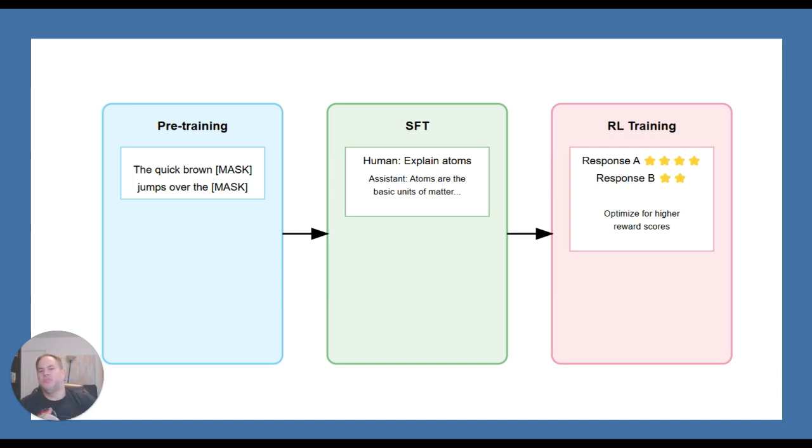Once it's able to do that, that's the base model. It then moves into supervised fine-tuning, where a human input such as "explain atoms" goes through that supervised training process of explaining what atoms are, going through that question and answer bank and so forth.